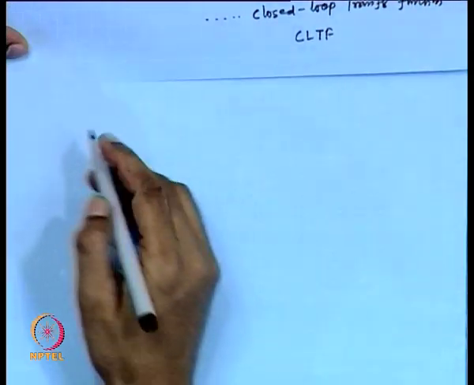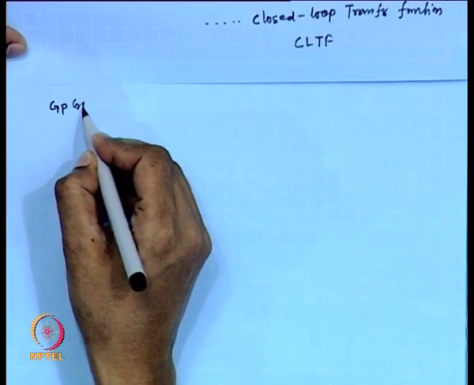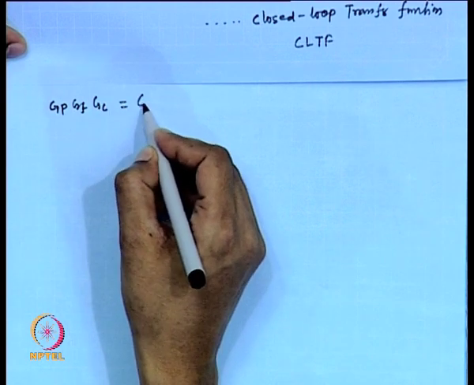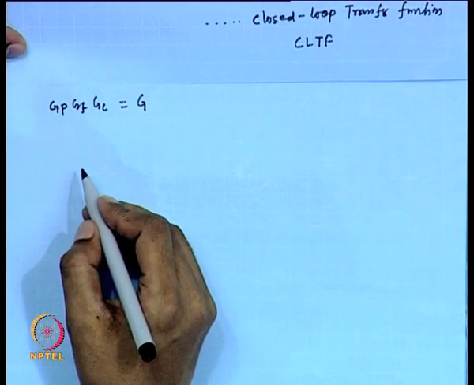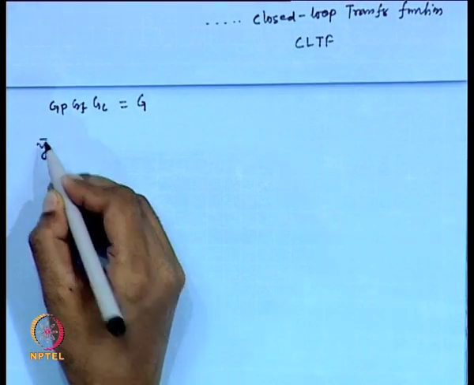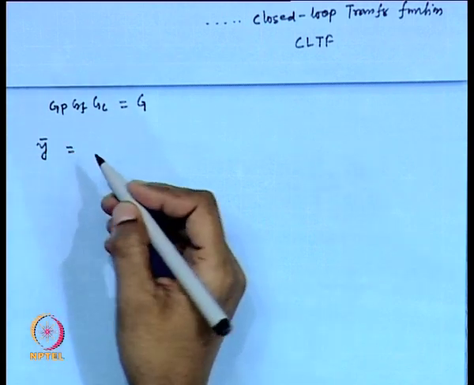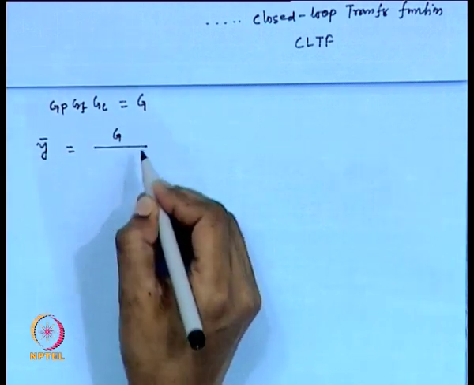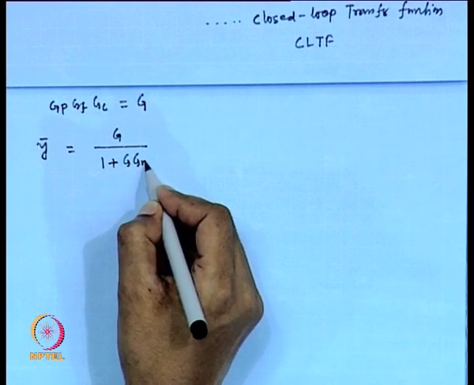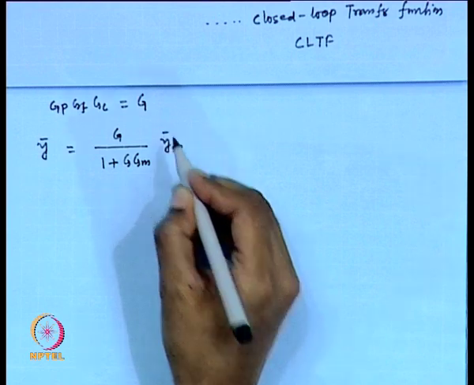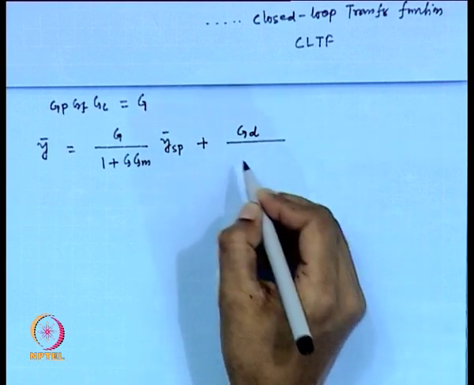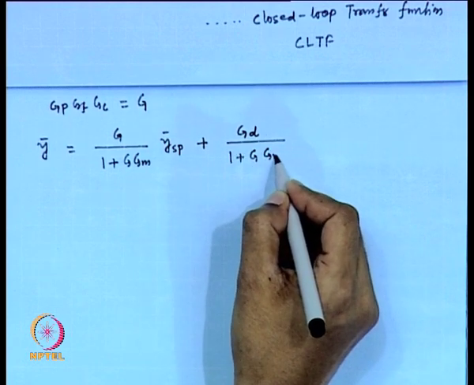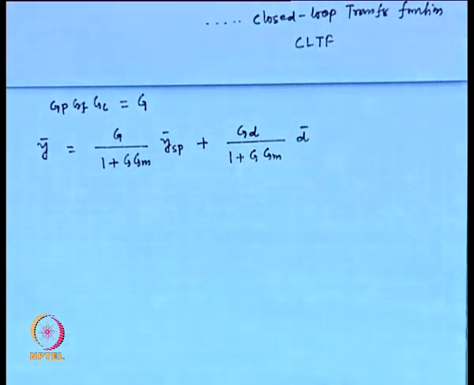Now, if we consider G p, G f, G c equals G, we get the closed loop transfer function as y bar equals G divided by 1 plus G G m, y set point bar, plus Z d divided by 1 plus G multiplied by G m, d bar.